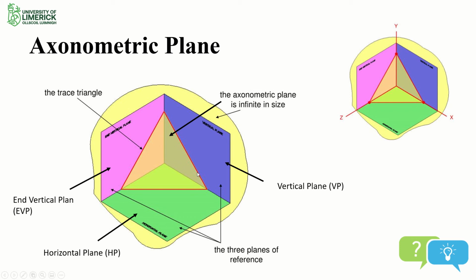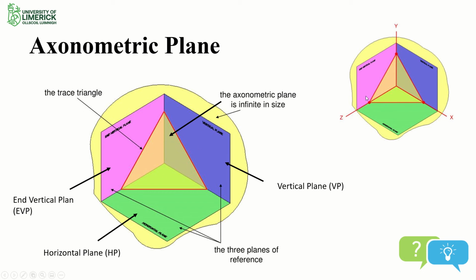Now, each one of the traces actually add up to make your trace triangle. Then with your plane's reference, you have your vertical plane, your inverticle plane, and your horizontal plane. In addition to that, you also have the triangle that is made from your traces, which, depending on the type of axonometric projection that you're completing, if it's isometric, diametric, or trimetric, that shape will change.